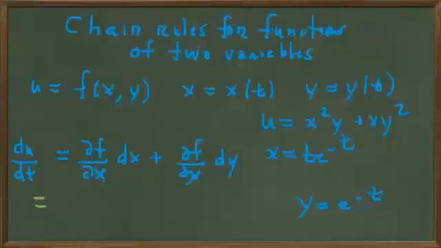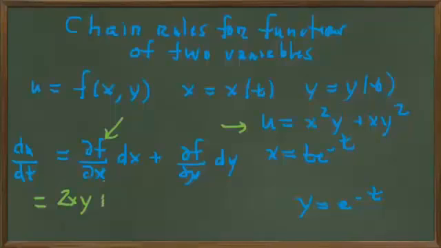So first we're calculating partial f partial x of the function u, and that's going to be holding y constant, so we get 2xy for the partial of the first term, and for the partial of the second term we get y squared, because the partial of x with respect to x is 1, and then we just bring down the constant y squared.